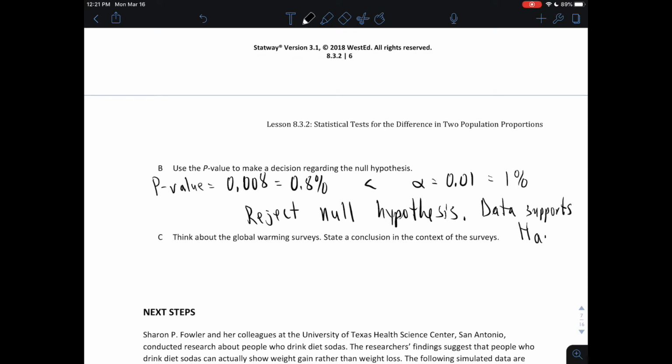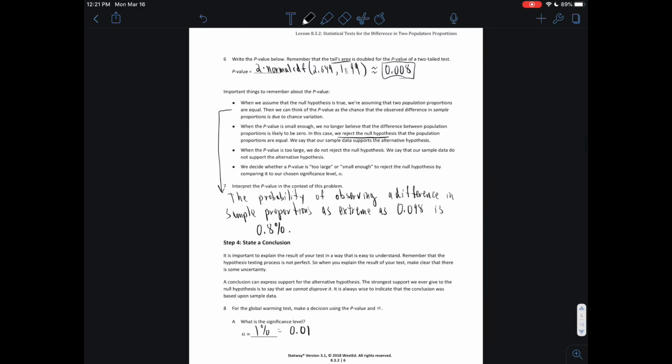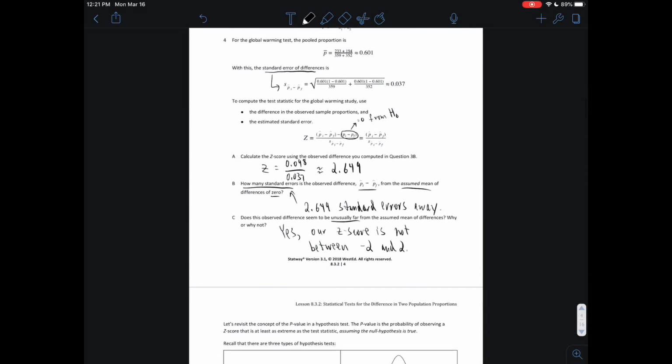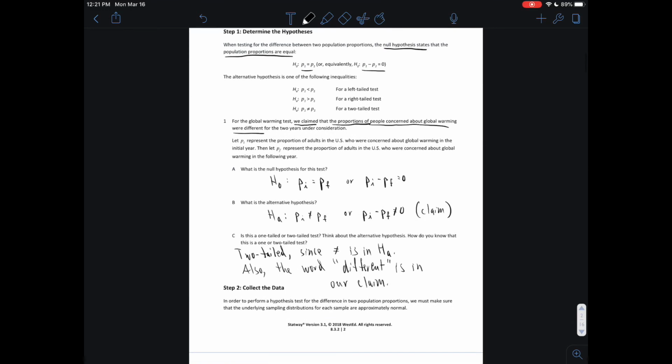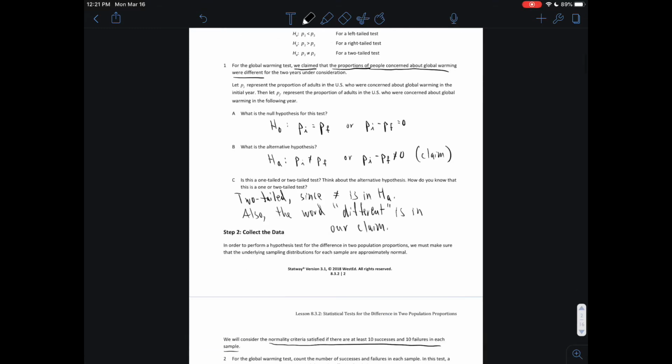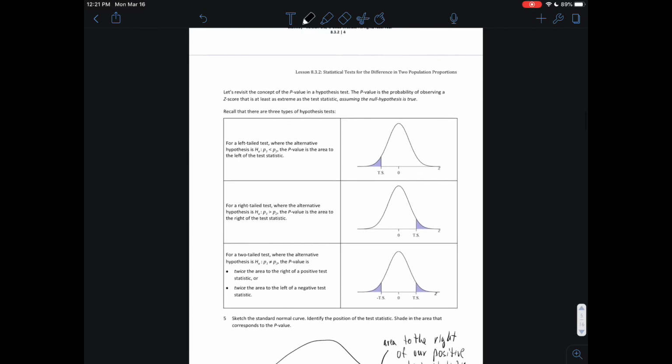So here we want to put all of this together. What's our significance level? Does the data support our claim, or does the data not support our claim? Since the alternative hypothesis that we stated before was the same as our claim, that's what we wrote down at the very beginning in our first step. If the data supports the alternative hypothesis, then the data also supports the claim.